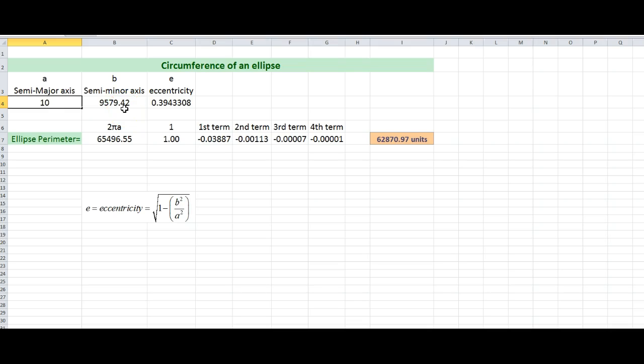Semi-major axis is 10, and the semi-minor axis is 5. We get 48.6 units. And if we get 10, 10, it's a circle. 2 pi times a, and a is 10.